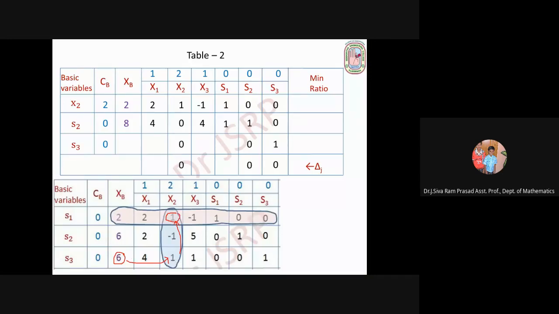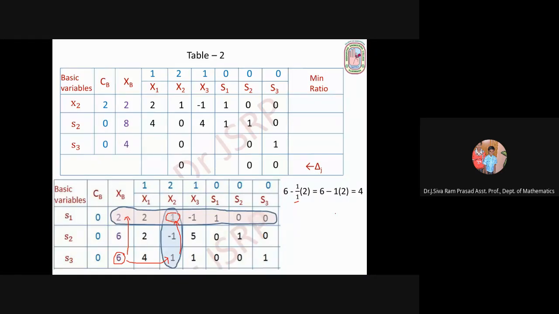So 6 minus 1 by 1 into the pivot row element 2. Simplify this ratio. This is 1. So 6 minus 1 into 2. 6 minus 2, 4. Right, here 4.